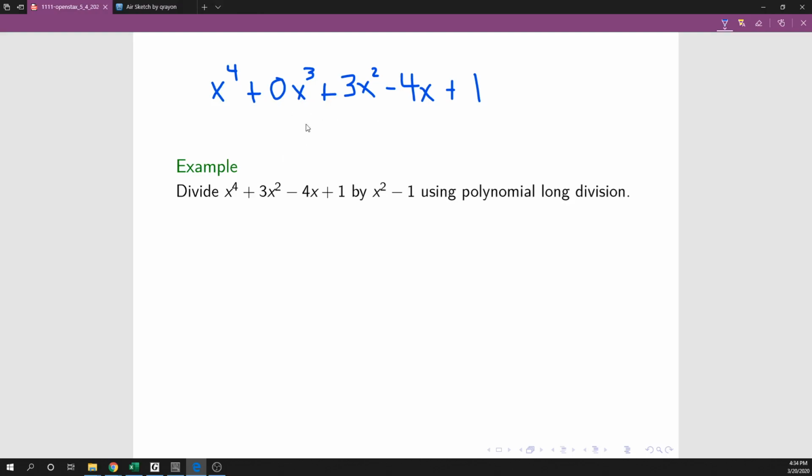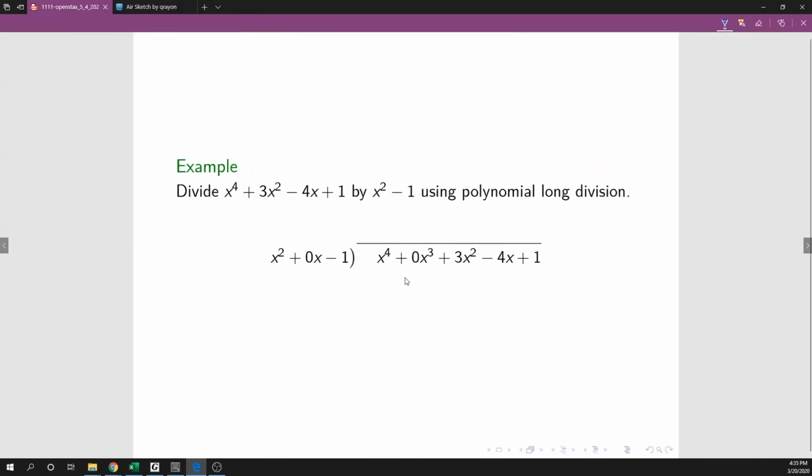That checks out, and we filled in for any missing powers of x. Likewise, this one is missing a power of x, so I would need to write this one as x squared plus 0x minus 1, like so. Okay, and so it will look like this when I get it set up. All right, so let me write that one down, and then we will run through this one.